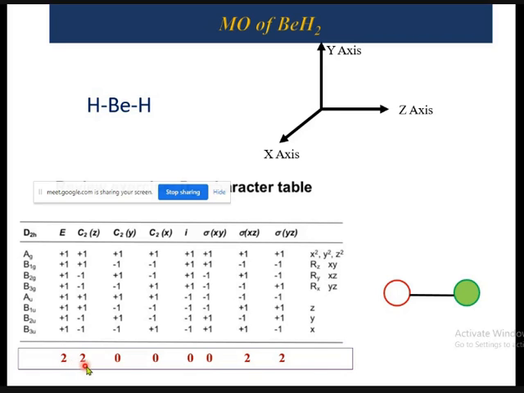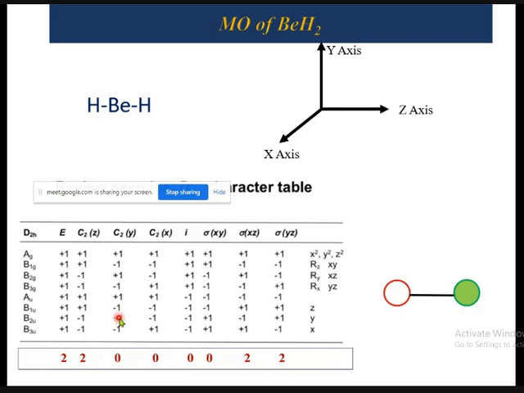Now along the z-axis, if you perform the C2 operation, of course both the atoms are going to remain unchanged, and that's why here I have written the contribution 2, because these two remain the same during the symmetry operation C2 z. You see this Z is going to pass along this axis. If you rotate through the C2 axis, are they going to change?